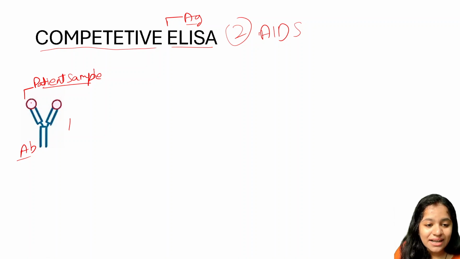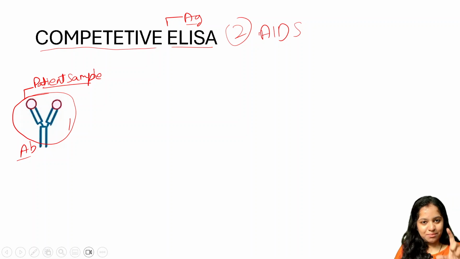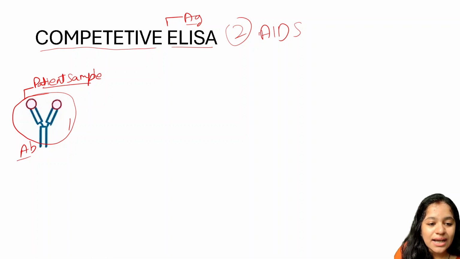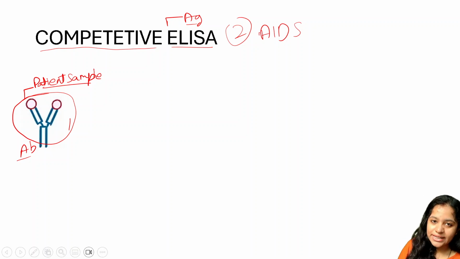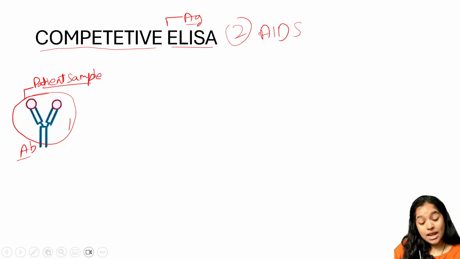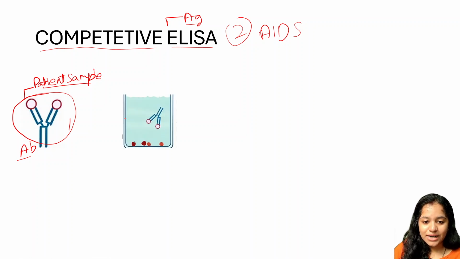I will combine them together in a test tube, so the antigen and antibody will bind together. This is what is happening here. Now I will take a microtiter plate which is already pre-coated with the same antigen.